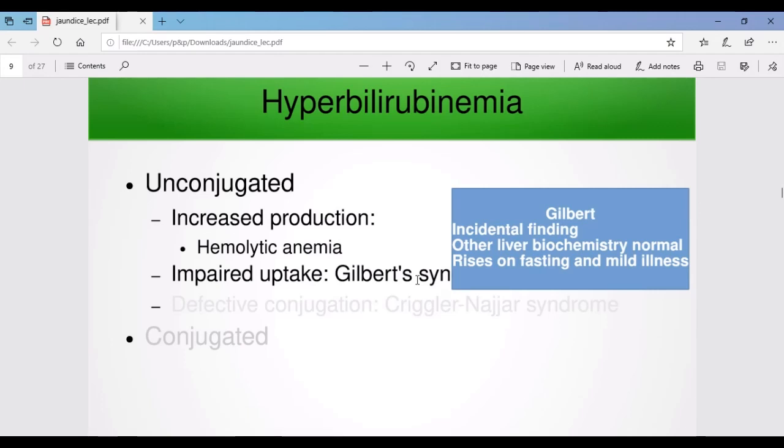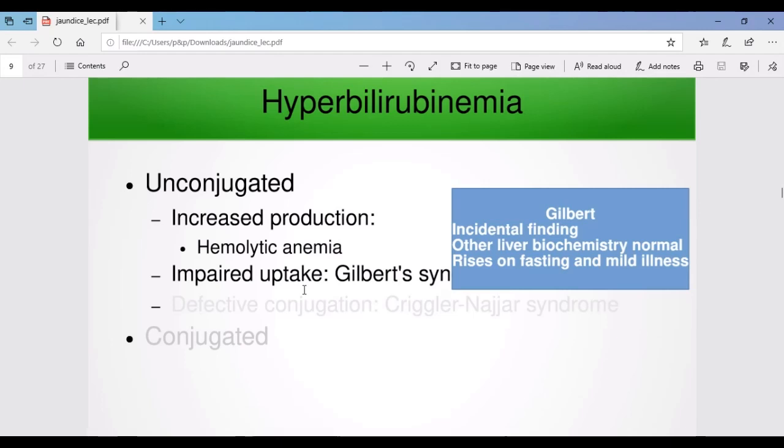It will not cause him any harm. It's just an incidental finding, just a yellowish discoloration of his eyes on some days, especially when he's fasting or when he has a mild illness, a common cold. This is the second cause for unconjugated hyperbilirubinemia.